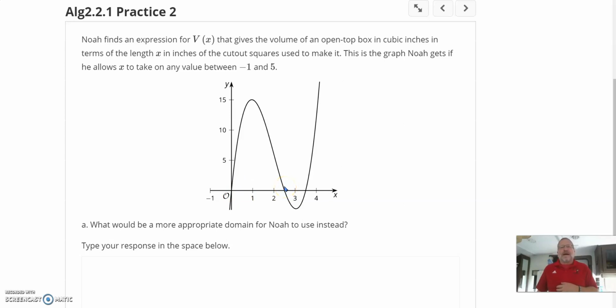That tells me that if I cut away more than 2.5, my volume might be negative. It also says that I could cut away 4 based on this graph, but I have a feeling that part of the graph is not the important part we're focusing on. I think it's just 0 to 2.5. That's the practical area of this open top box.